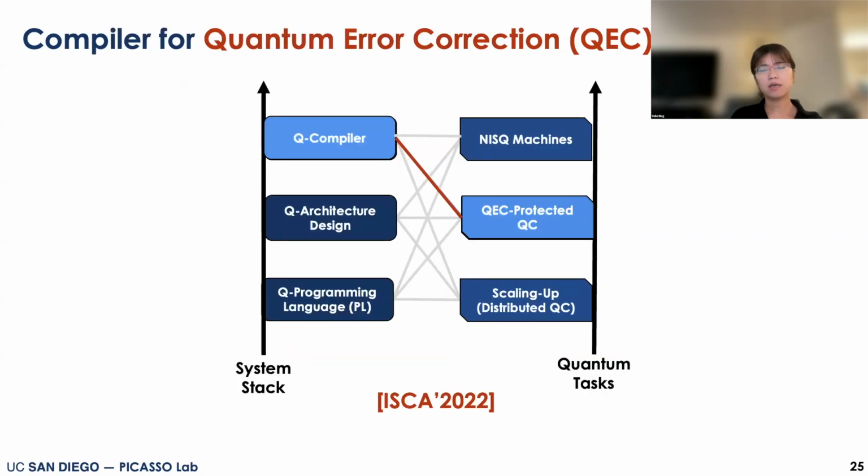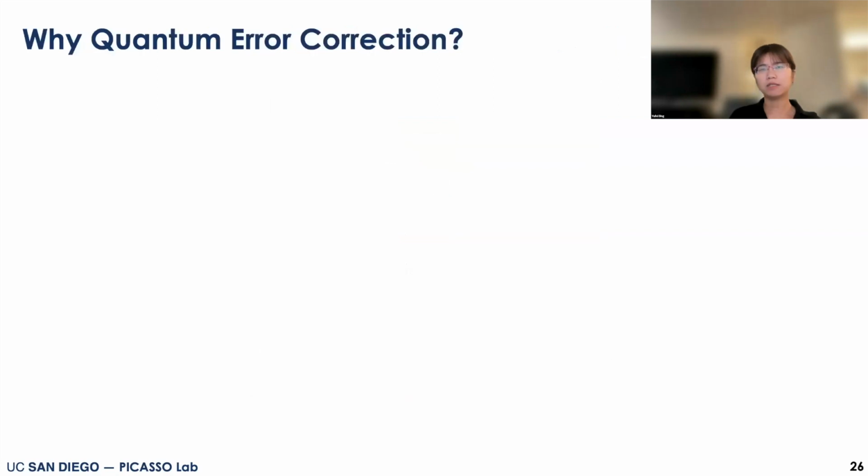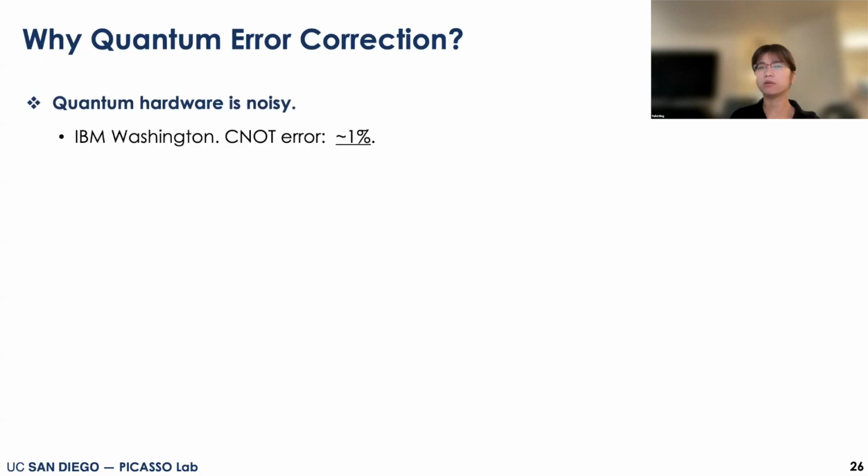So now let's talk about how the compiler can help with error correction code integration. But let's first understand why we want error correction code. We mentioned this concept a few times, but I still want to give you a concrete idea. Quantum hardware is very noisy.